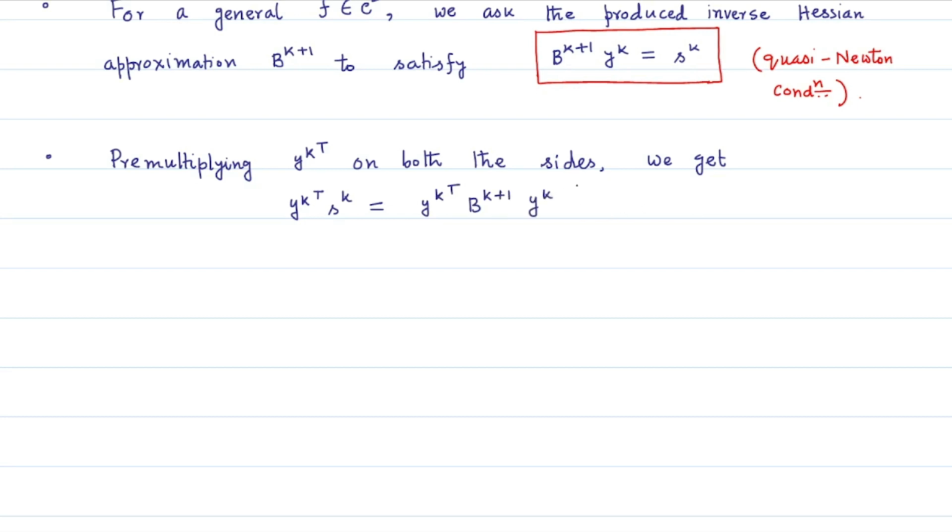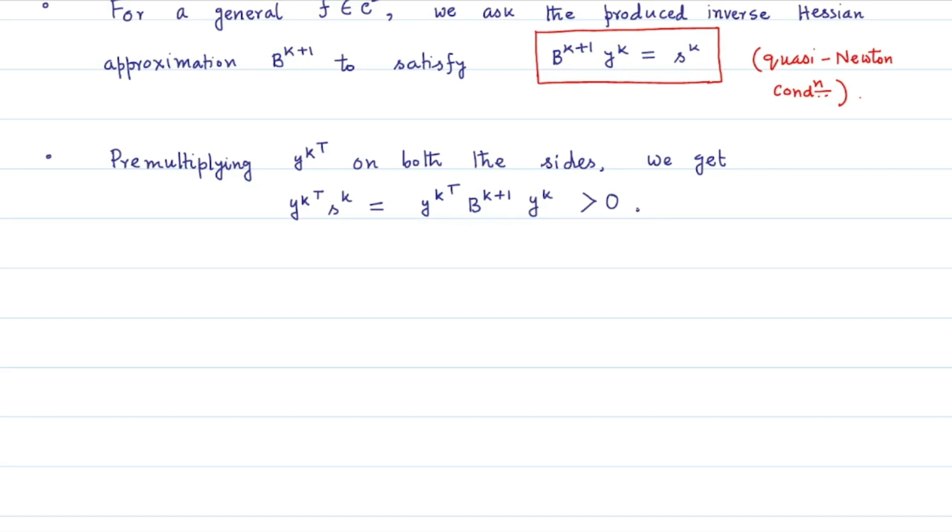And hence, if this quantity is positive, then possibly the matrix Bk+1 is a positive definite matrix. So in addition to the quasi-Newton condition to be satisfied by the matrix Bk+1, we also consider that yk transpose sk is greater than 0, to possibly ensure that the matrix Bk+1 is positive definite.